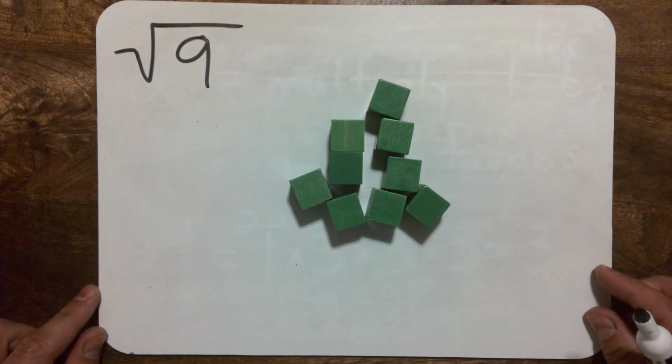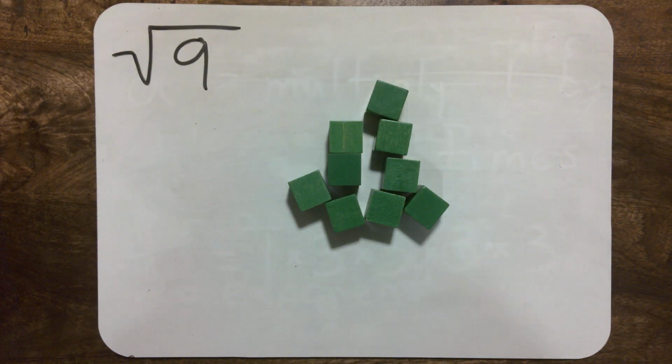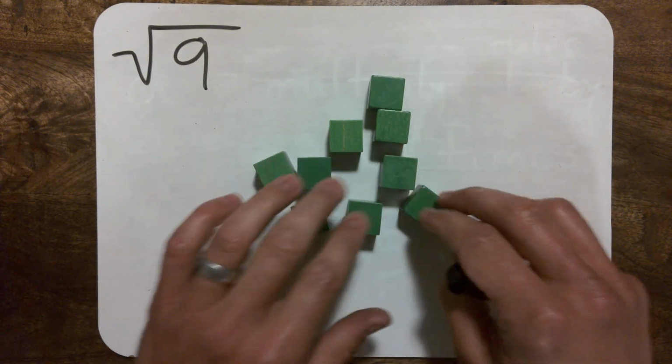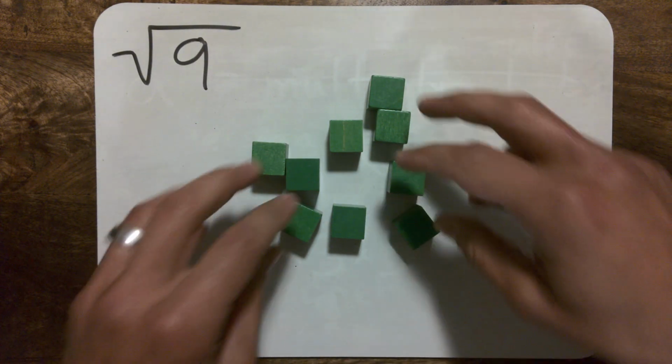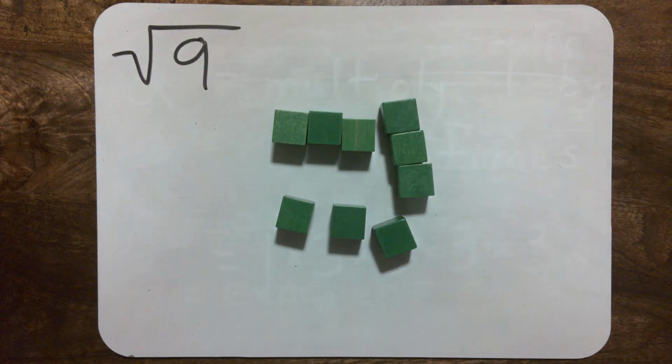Okay, so if we have the square root of 9, again, how we can interpret this is we have a square with an area of 9, so we have 9 square units, and we want to see what the side lengths of the square made out of these 9 parts are.